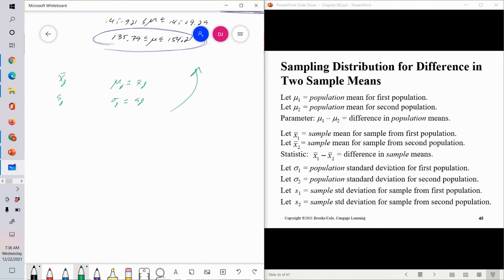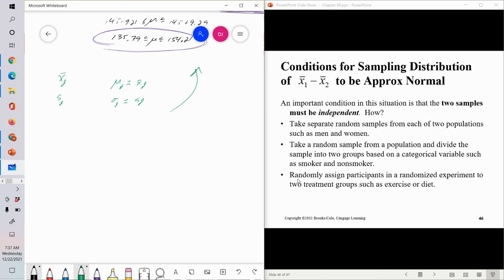The last situation I want to run in front of you is the difference in two sample means, because this one is a little bit different. So again, I want to see if there's a difference in the two population means. I'm going to use the sample means X bar 1, mean of the first group, and X bar 2, the mean of the second group, as well as the standard deviations sigma and S from the first and second group.